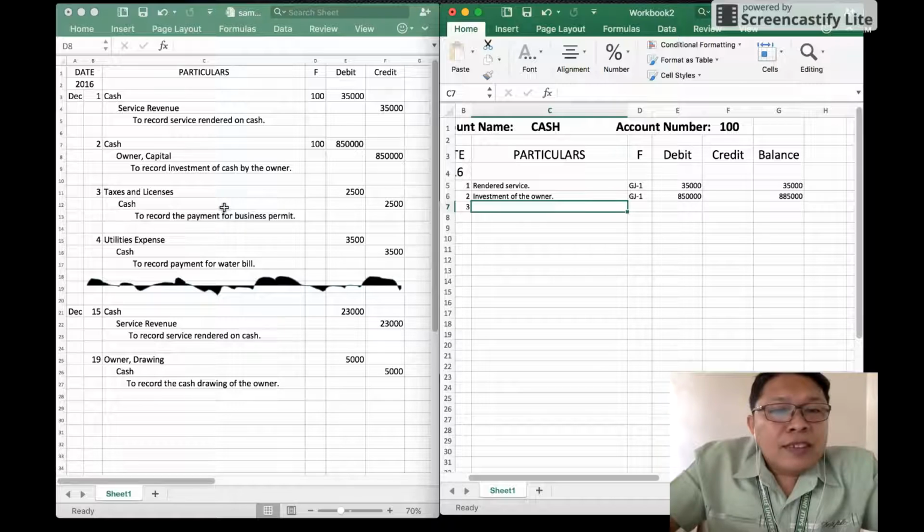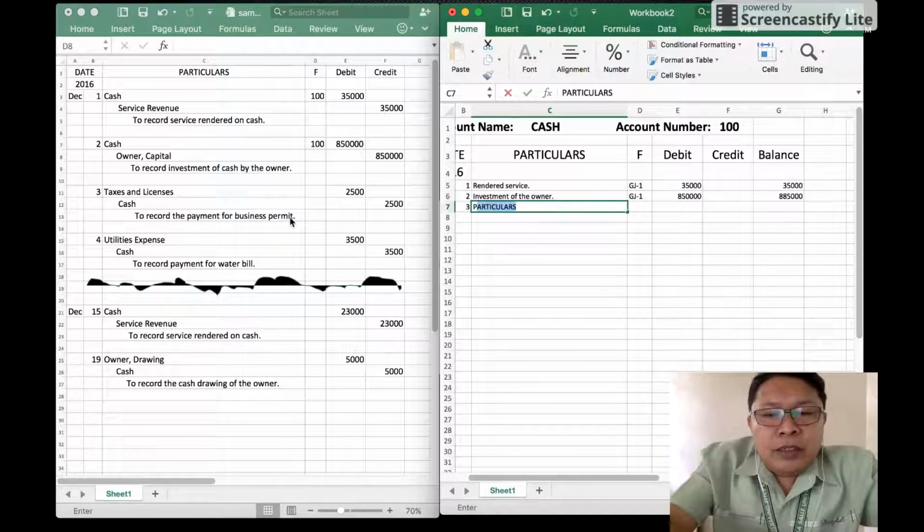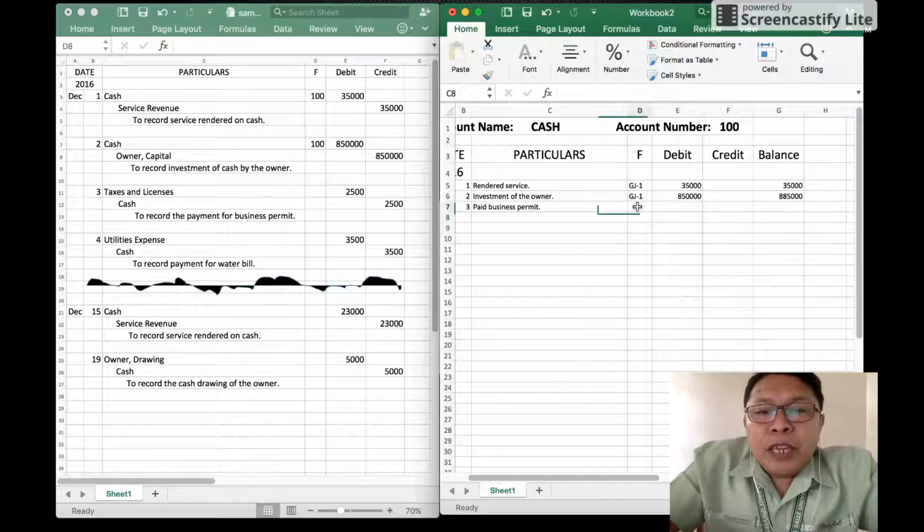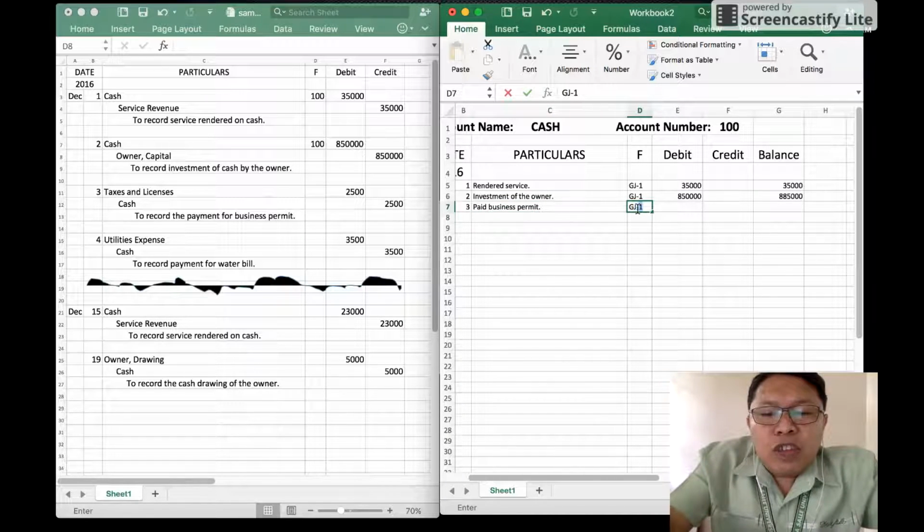Okay, there is a payment for business permit. So we have to write paid business permit. So this was taken on General Journal page 1 and we credit an amount of 2,500.